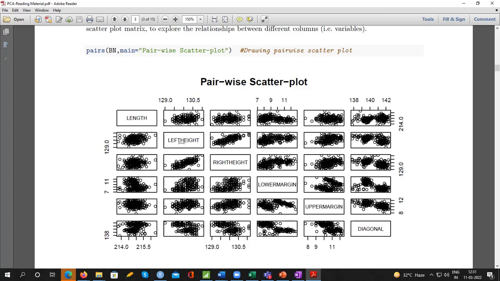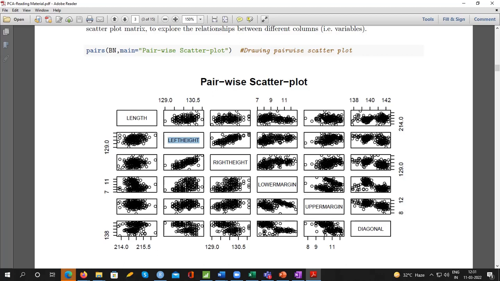Similarly, this graph is of left height and right height. Now you can see that this and this, both these graphs are kind of mirror images, because on this graph also the x axis is left height and the y axis is right height. So this matrix plot is a symmetric kind of plot. So you can focus only on either the upper triangle or the lower triangle, and that is enough.